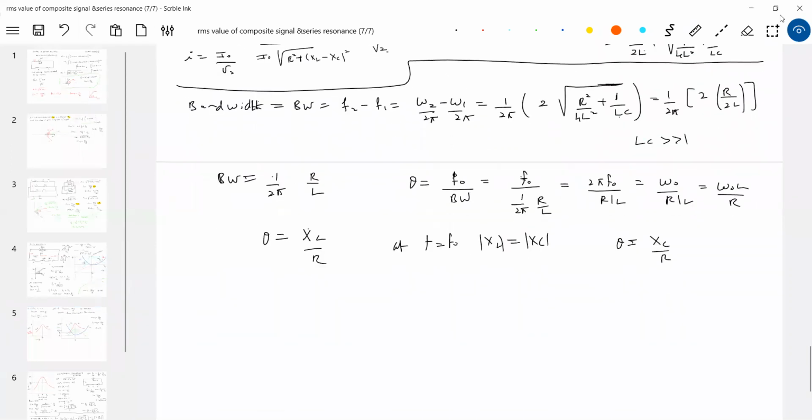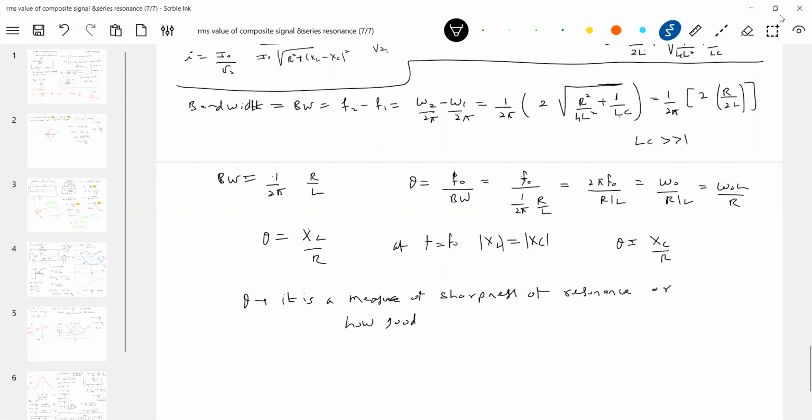So first of all, sir, what is a quality factor? What do you mean by Q? It is a measure of sharpness of resonance, or how good it is in selecting the desired signals.